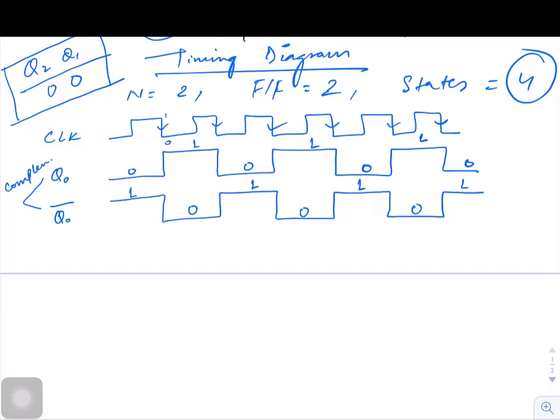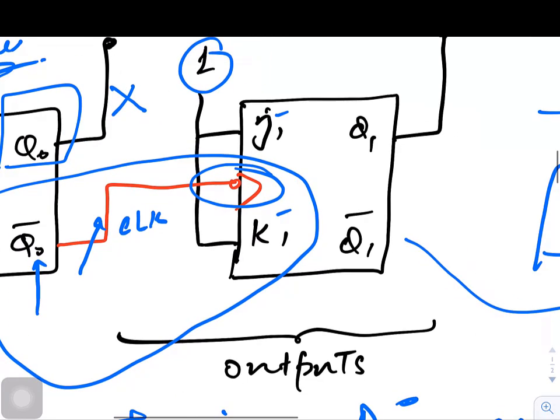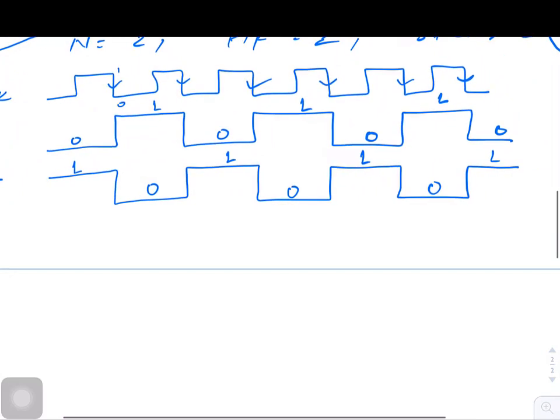Now this Q bar is acting as a clock. Once this clock is given to the second stage, what I will get is the second output Q1. So what I need to do in this diagram is note down where the 1 to 0 transition is happening.